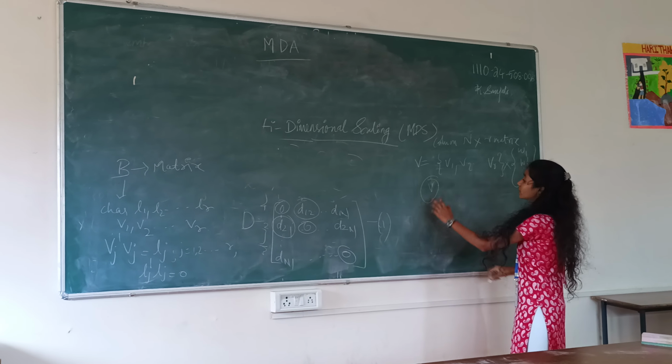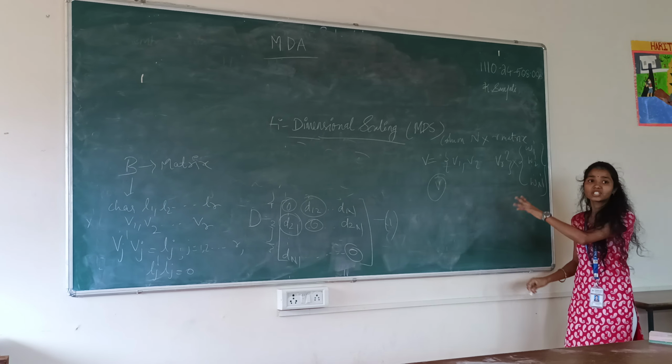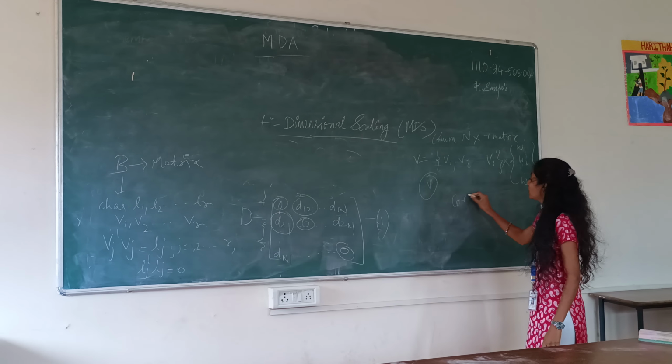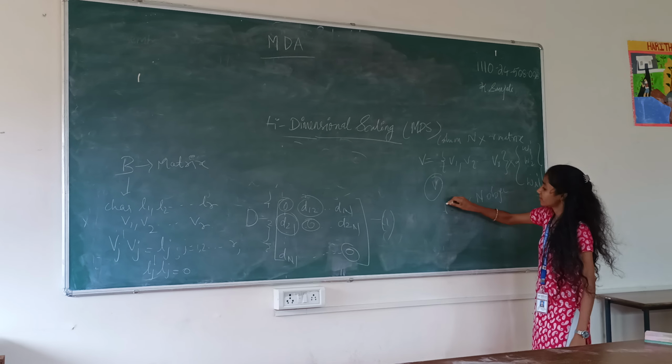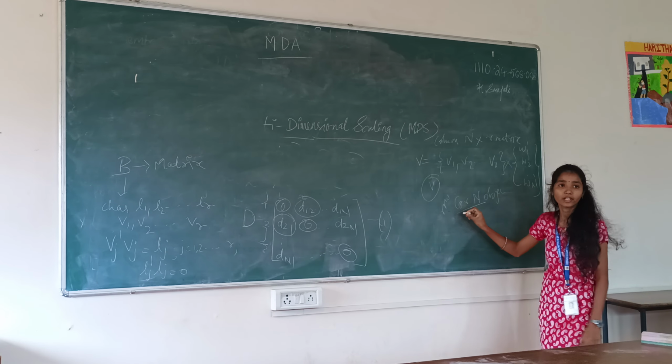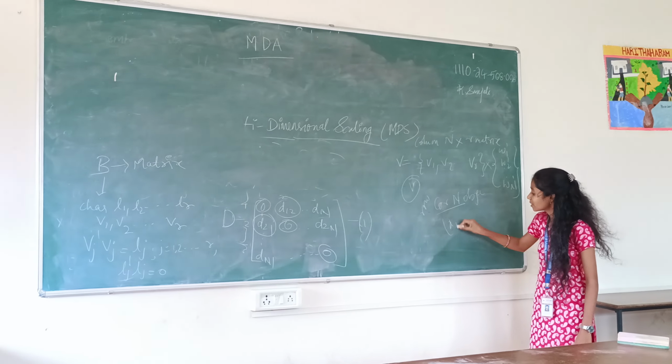So the rows that we have are nothing but the coordinates of n objects, the coordinate being x, y.